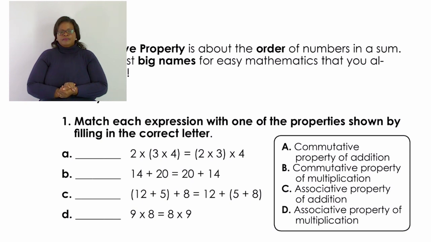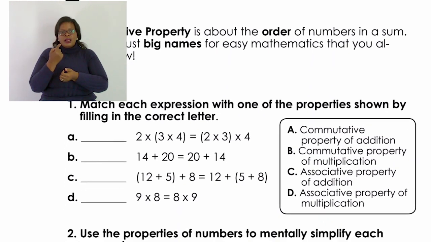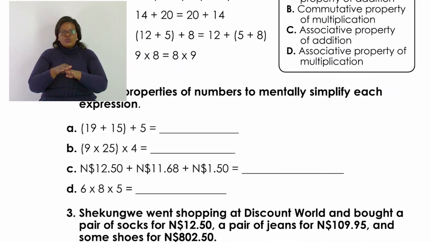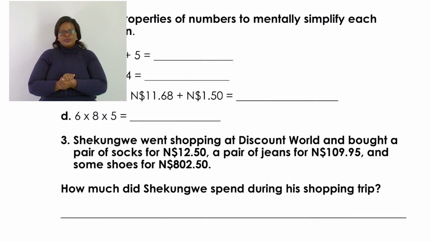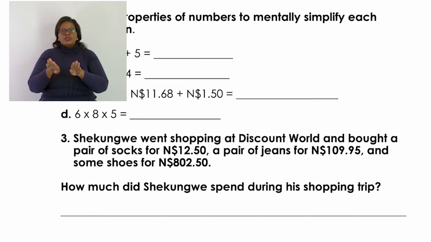Okay. Now, I've given you a hint on how to do it, right? So the next, C and D, I want you to do on your own. All right. Now let's do number 2.